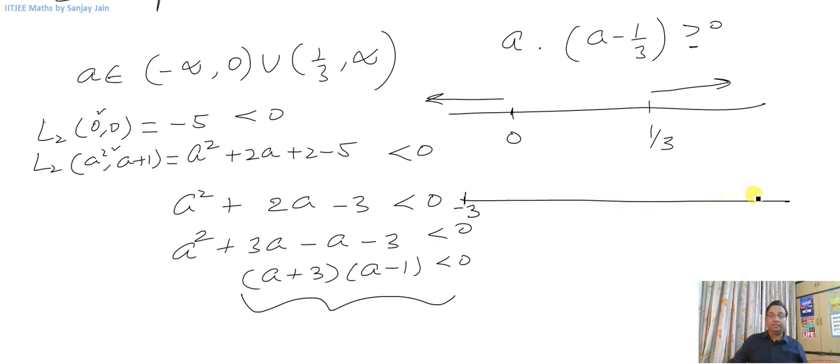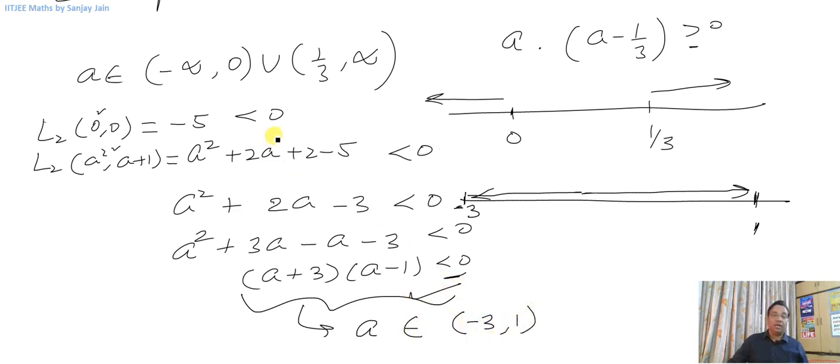For it to be less than 0, the solution should lie between these 2 points, minus 3 and 1. So the solution is a belongs to (minus 3, 1) for this to be true.